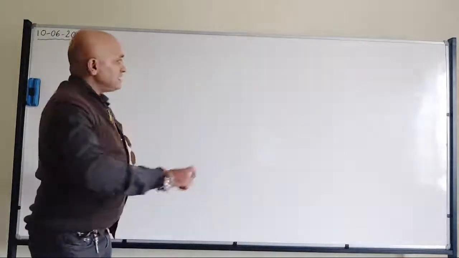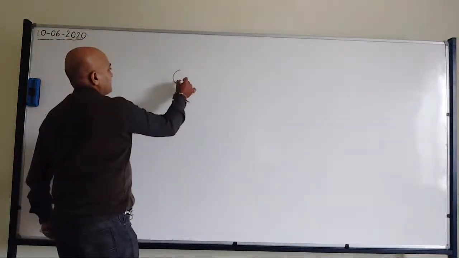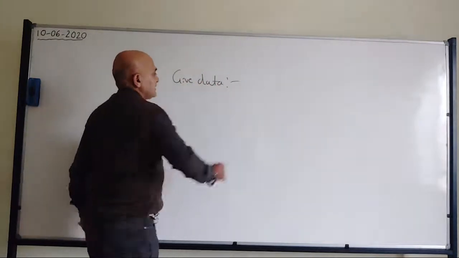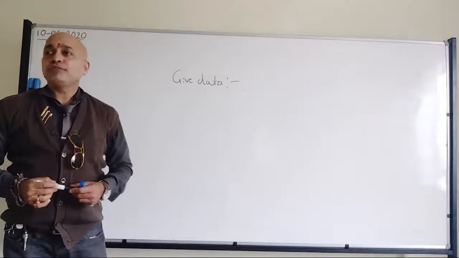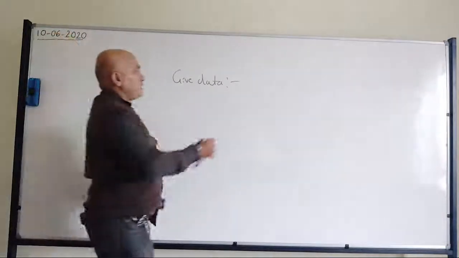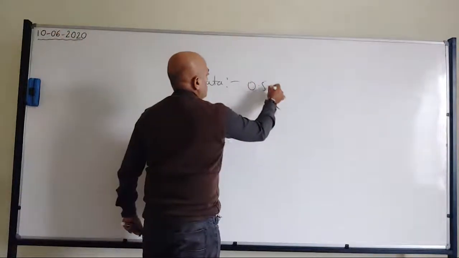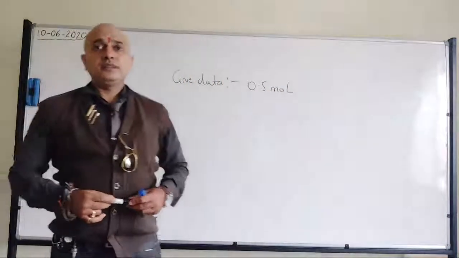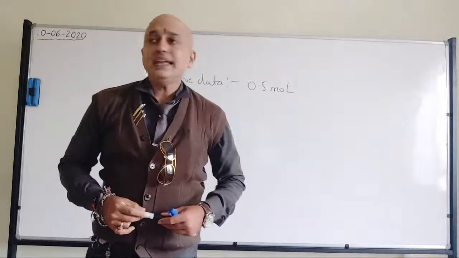Okay, so what is that given data? Given data is 0.5 mole, right? They are talking about 0.5 mole of a given compound, right? They have not given anything else.